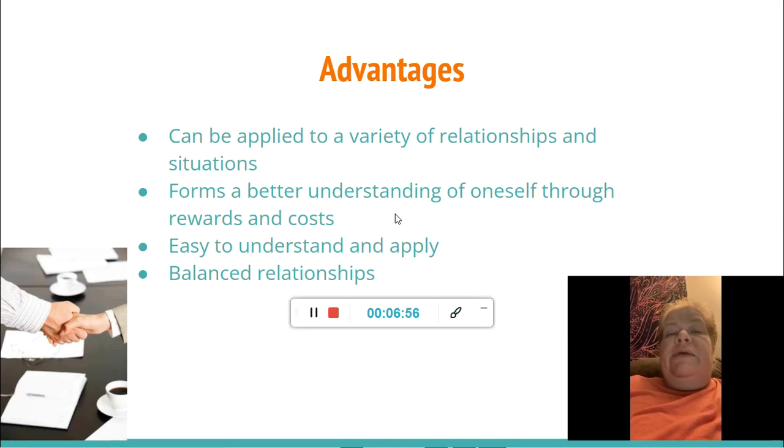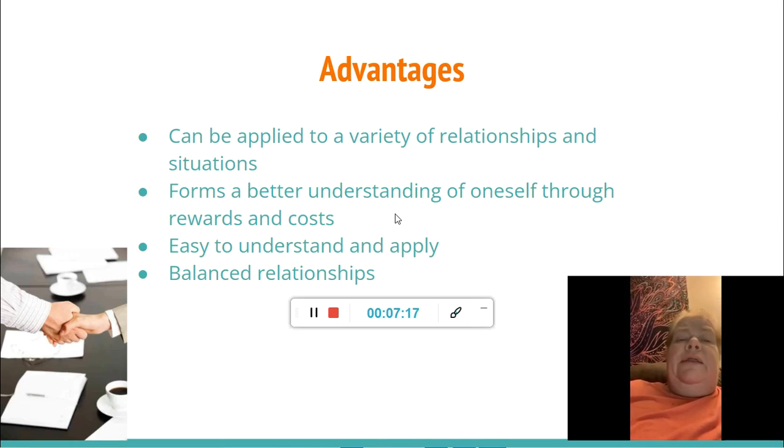It also is effective in almost all relationships and situations stemming from them. This theory also helps us learn that when we give something in a relationship, we expect something in return to maintain the relationship. Lastly, the theory isn't too complex as it allows for people to easily relate and understand it.